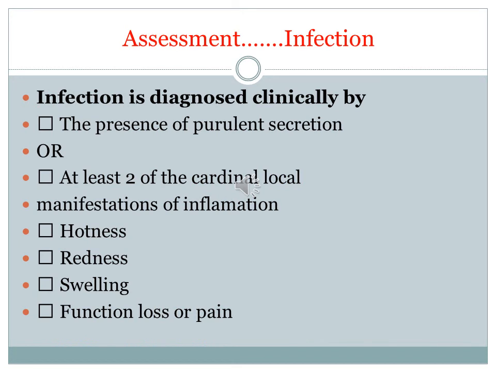Assessment of infection. Infection is diagnosed clinically by the presence of purulent secretion or at least two of the cardinal local manifestations of inflammation: hotness, redness, swelling, loss of function, or pain at the site.